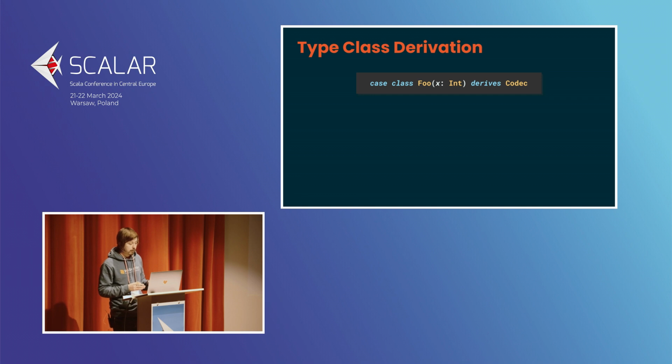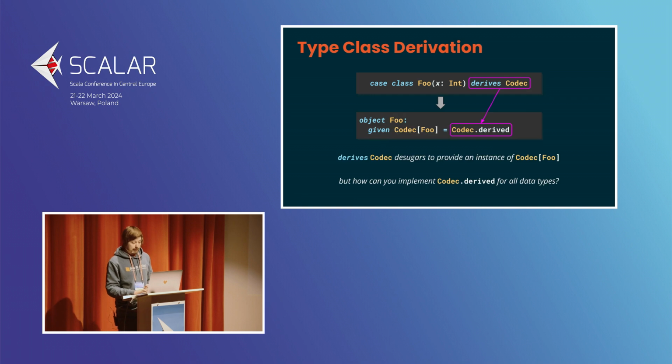What this means is that at any point you have some Foo, you could call .toJson, and it should just work. But how do we provide this Codec.derived method and implement it in a way that you don't need to know beforehand what Foo is or what List is or any other type of argument you might call this for?